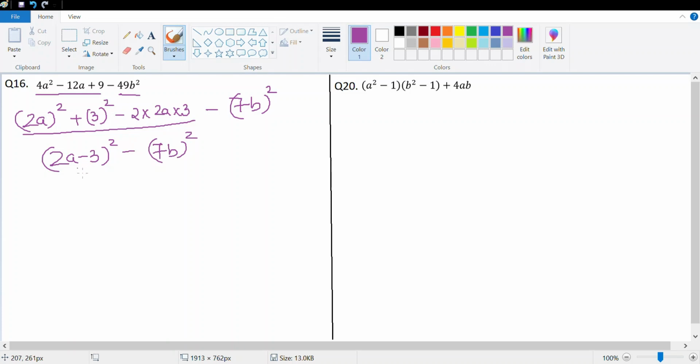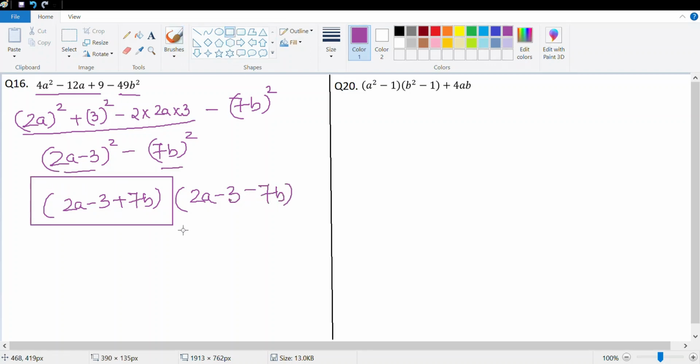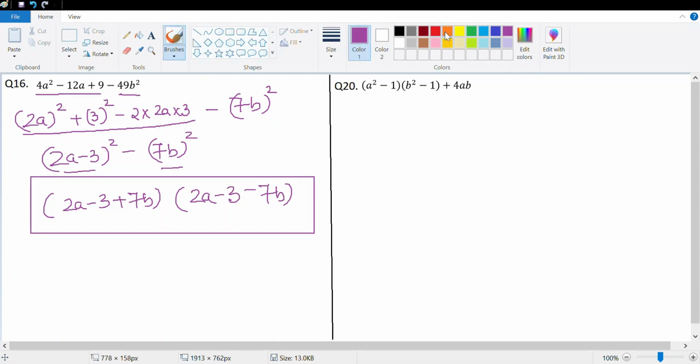Now this is of the form x square minus y square, which means the answer will be x plus y multiplied with x minus y, in this case 2a minus 3 plus 7b multiplied with 2a minus 3 minus 7b. That's the final answer. I repeat, you need to write it with the question as well.